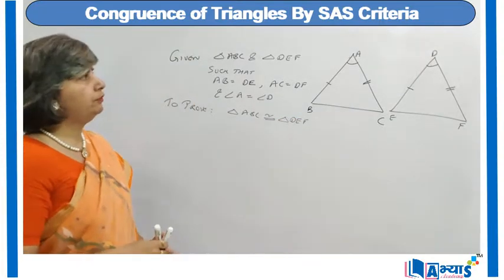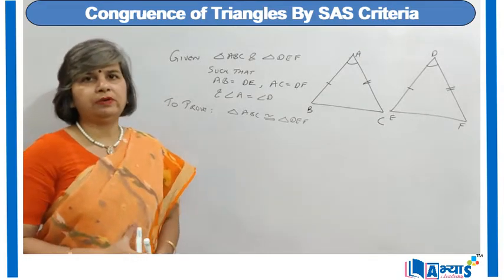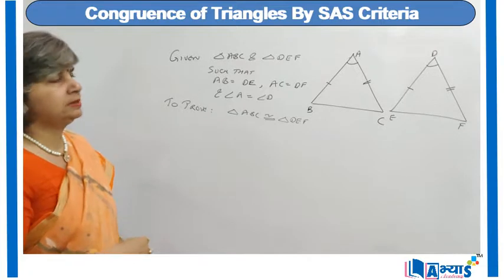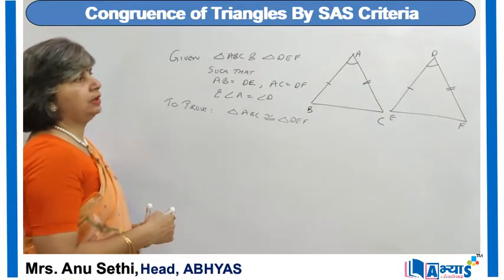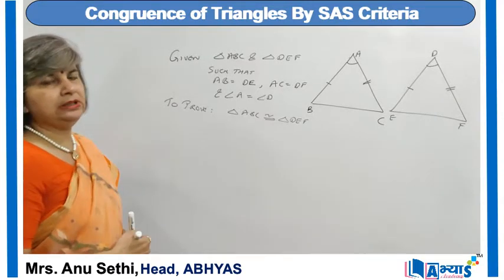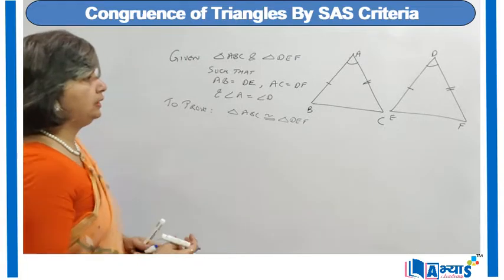For the proof, what we will do, we will try to place the vertex D on vertex A. That means we will place the vertex D on vertex A and we will try to align the side AB with DE. As we know, AB is equal to DE, so the points B and E will coincide.